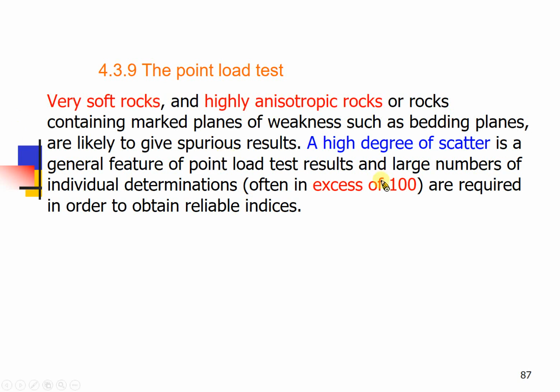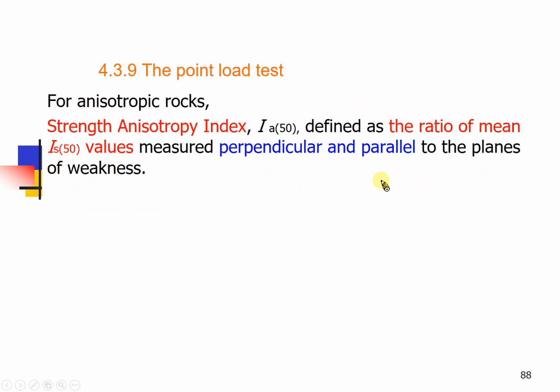You will get a very high degree of scatter. Under this condition, you could do a lot of testing, because this kind of testing is very simple and very quick. So you can do a lot, evaluate the scattered results, and make a good judgment to correlate them with the uniaxial compression strengths.